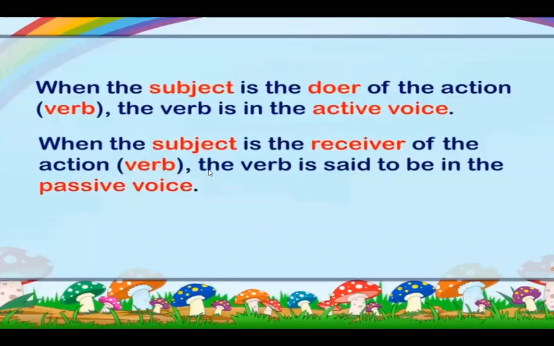When the subject is the receiver of the action, it comes in the end of the sentence. And when the subject is the doer of the action, it comes in the beginning of the sentence. These are the identifications for active and passive voice. Is it clear?